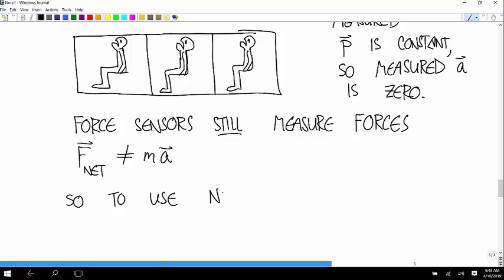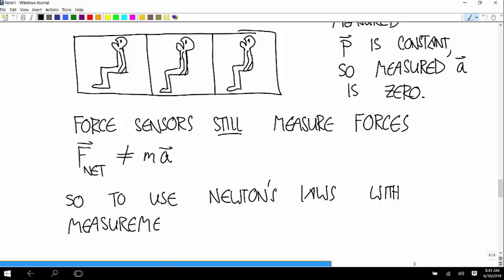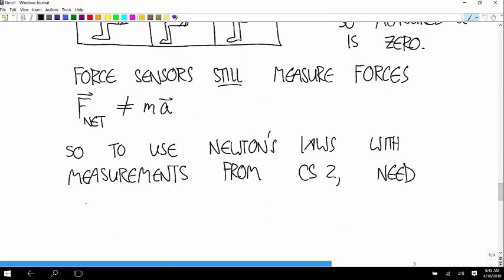So to use Newton's laws with measurements from coordinate system 2, you need to make corrections.